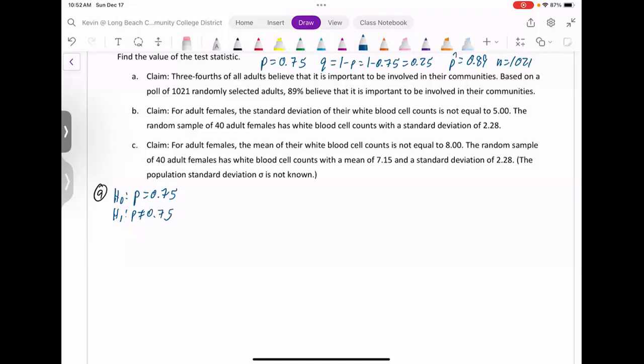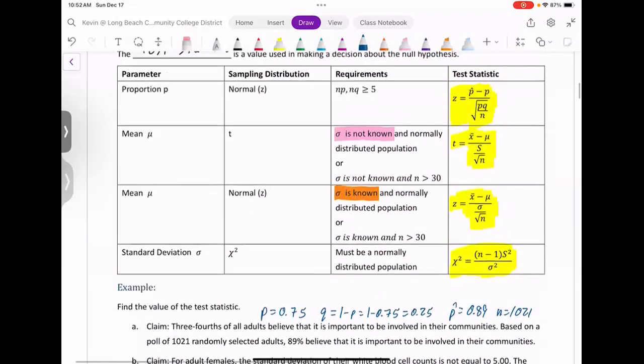So our z, if you look above in the formula, is p hat minus p divided by the square root of pq divided by n. Again, I'm getting that formula from here.